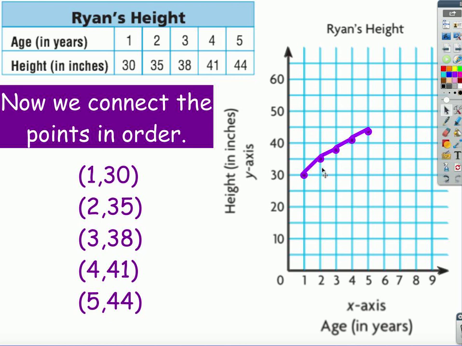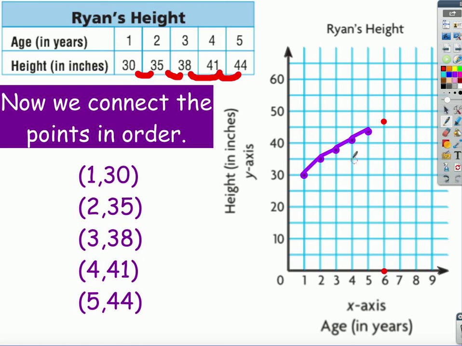Now something else that we can do, even though we don't know for sure, is we can make a good educated guess of how tall he would be when he was 6. If we know he grew 5 inches here, 3 inches here, 3 inches here, and 3 inches here, it'd be reasonable to guess that he might grow another 3 inches when he's 6 years old, which would put him at 47 inches.